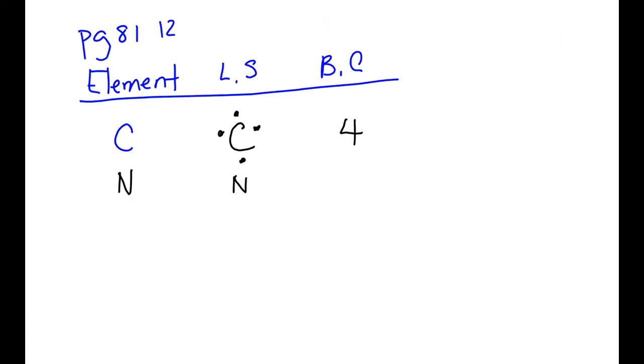Nitrogen has 5 valence electrons, so 1, 2, 3, 4, and then double up. How many total does nitrogen want? 8. So how many does it need? 3 more, so it makes 3 bonds.